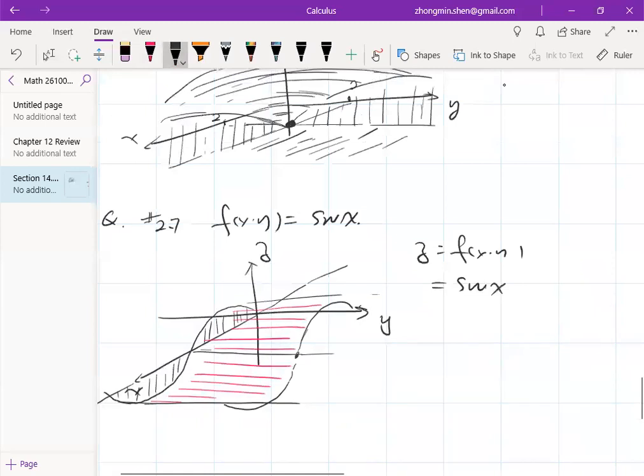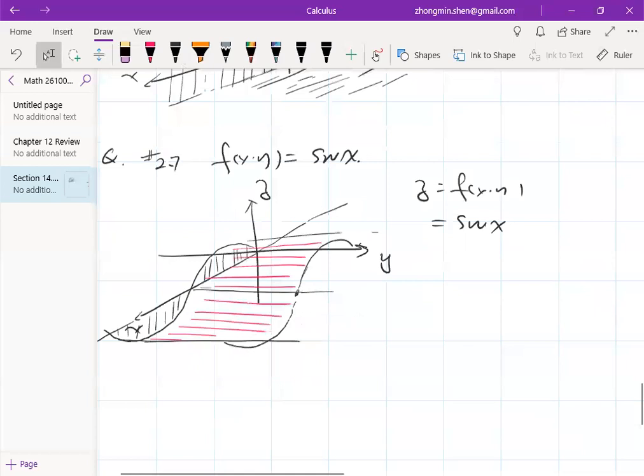So this is the graph. Here's a y value equal to, for example, 2, and here's a y value of 1.